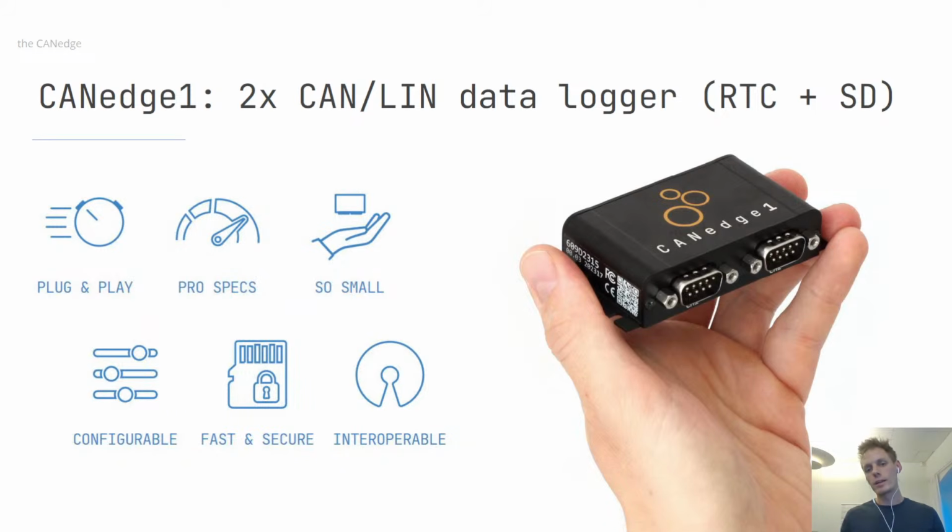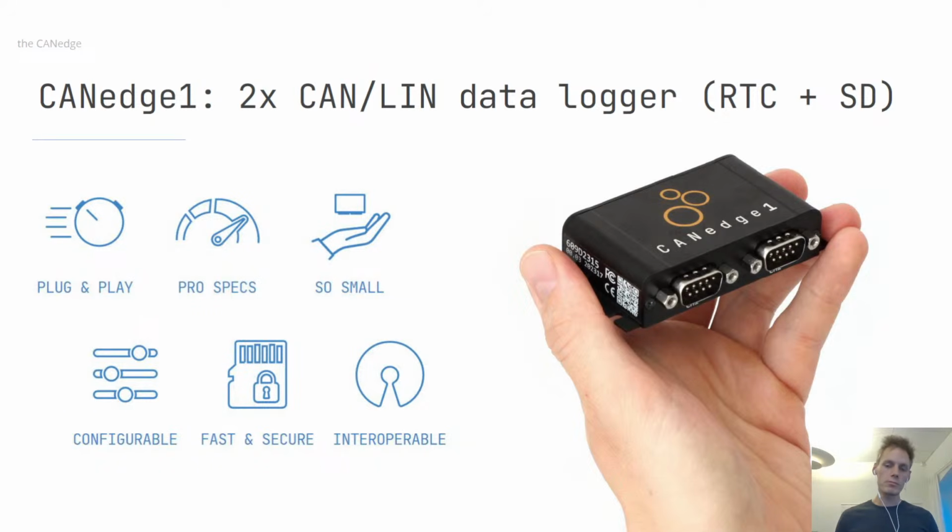It abstracts away many of the complexities, such as the bit rate, because it automatically does all of that for you. And if you disconnect the device, it is 100% power safe, so it will safely ensure that your data is stored, and you can take out the SD card and start reviewing what you recorded.